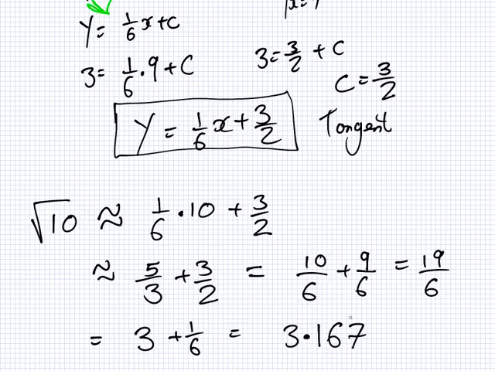Yes, let's see what the square root of 10 is. 3.162. Not so bad. So this is why tangent lines are useful.